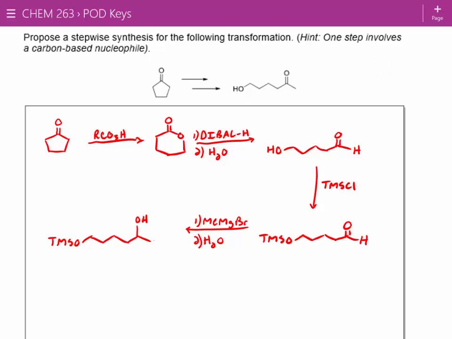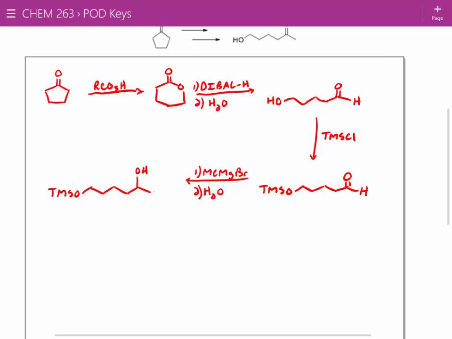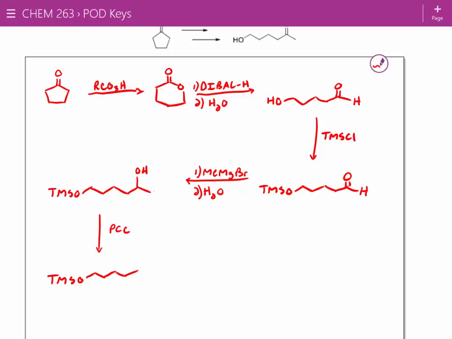What do you guys think the next step should be? I heard somebody say PCC. Adrian said it. Good job, Adrian. So we can oxidize our secondary alcohol back down to a ketone. And then what's our last step? TBAF.